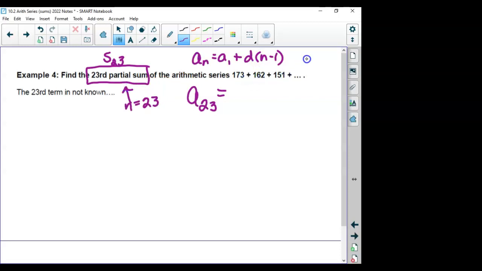Negative 9? 11? Yes, negative 11. Okay. So, and term 1 was 173. 173 plus negative 11 times 23 minus 1.